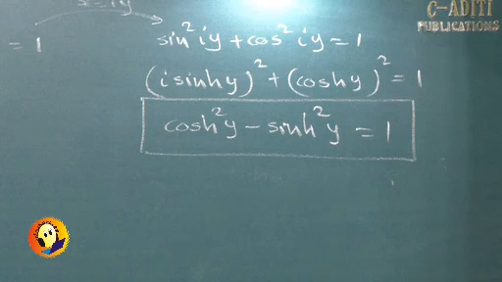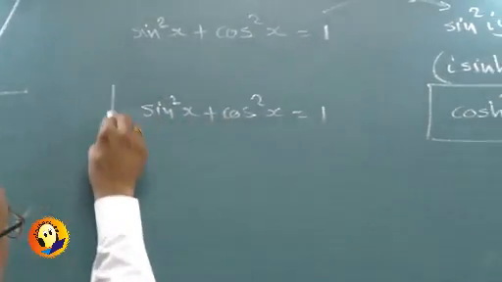And here we had sin square x plus cos square x equal to 1.